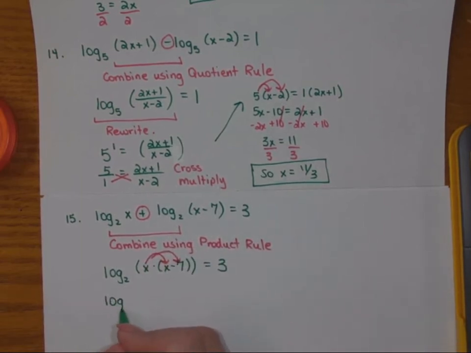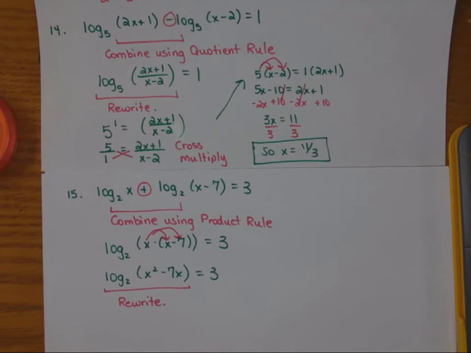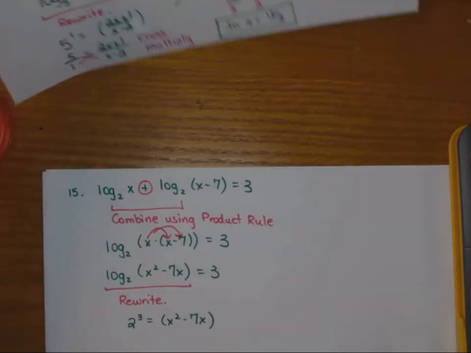So this is the log base 2 of x squared minus 7x equals 3. Okay, the parentheses would be necessary because it's got more than one piece. So now we are ready to rewrite this guy. Once you get it to a single simplified logarithm, you want to rewrite it right away. So it's 2 to the third power equals the other thing, which looks like x squared minus 7x.